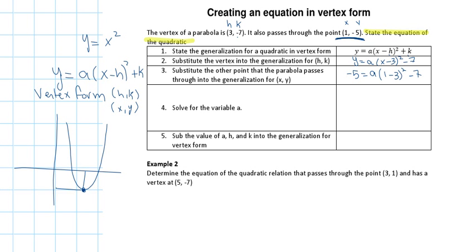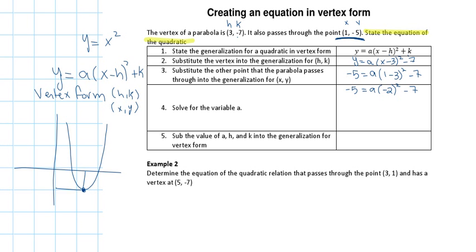How do you solve for a? What do you have to do first before you can solve for a? Do the bracket. Simplify, right? Good. So I'm going to have to simplify inside the bracket first. So that's going to be 1 minus 3, that's negative 2 squared. Are we okay with that? Then after doing my bracket, I have to do my exponent.